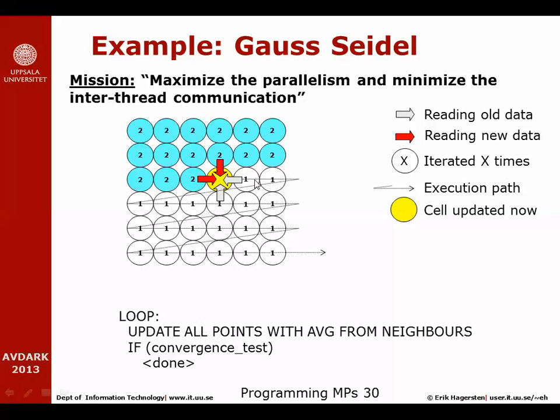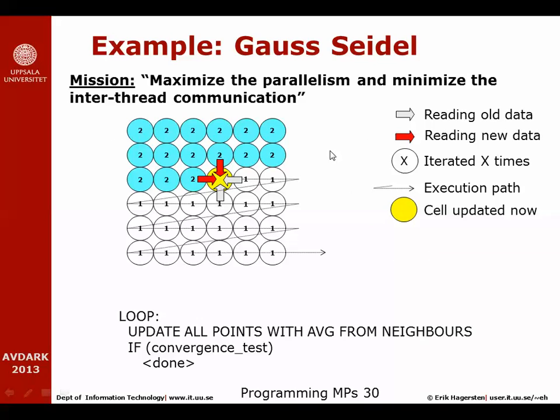The numbers you see in the circles here are what iteration this belongs to, because you're going to sweep through this matrix many times and make this update over and over again. As it says in the algorithm down here, you loop and update all the points with the average from neighbors, and then at the end, when you come down here, you make a convergence test to see if you're done. If you're not done, you go to the beginning again and start looping through.